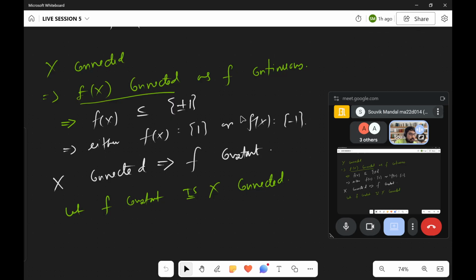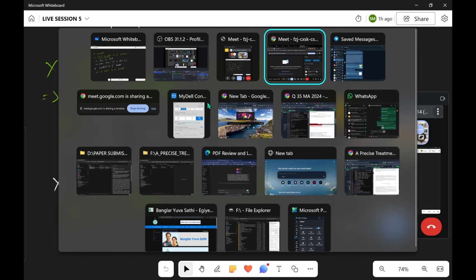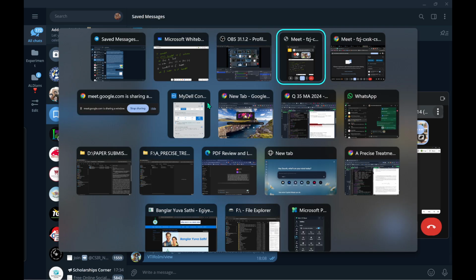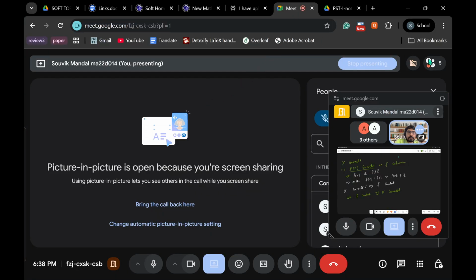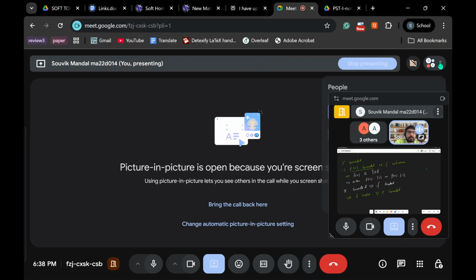Anybody able to solve it? Anybody able to solve it?